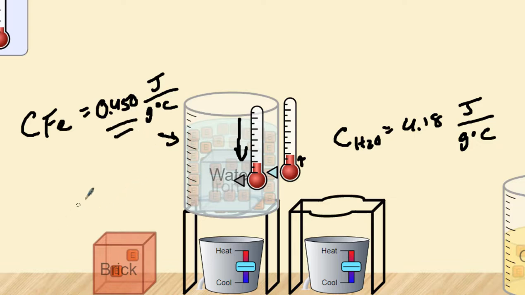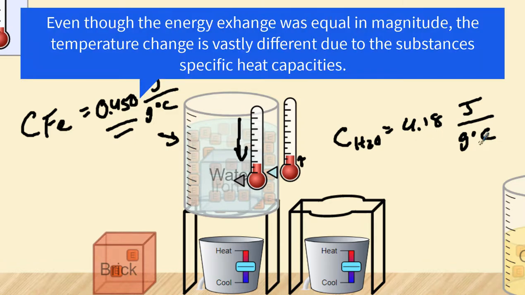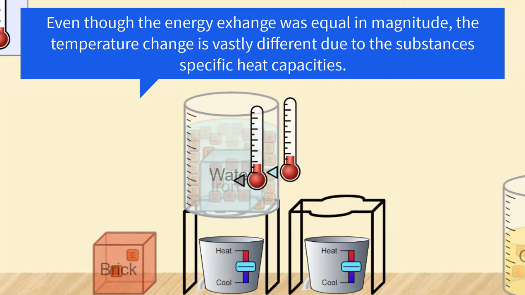the iron, because it's a better conductor of heat, only takes 0.45 joules of energy to make 1 gram change 1 degree Celsius, whereas the water takes 4.18 joules of energy to make 1 gram of water change 1 degree Celsius. So the temperature change is very different, but the average kinetic energy that they exchanged was exactly the same.